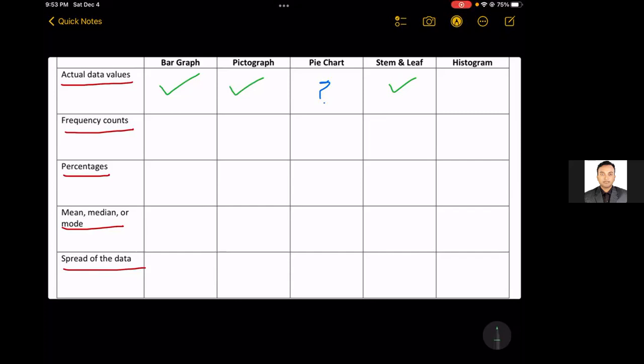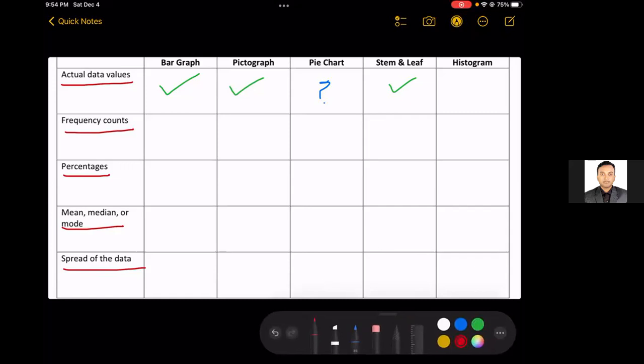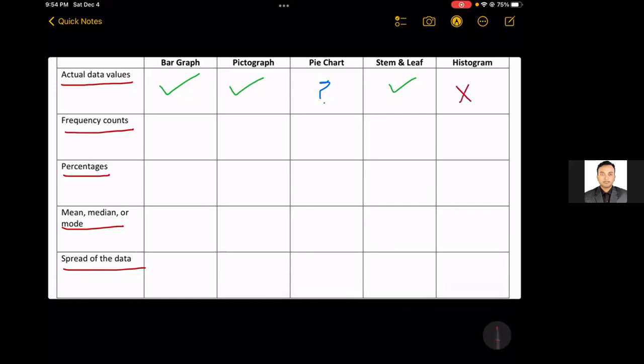For example, in the range of 10 to 20, the frequency, let's say, is 15 or 12 or 10. But can you see the actual values from there? No, you can't really derive them, or it's not exactly given in a histogram. If you just eyeball a histogram, you cannot see the actual values.